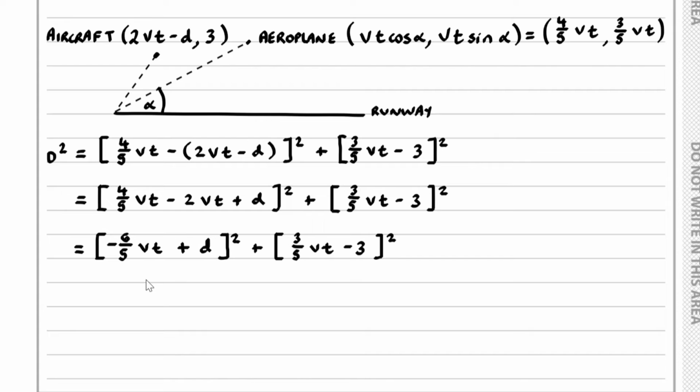And if I take out a minus 1 from this bracket and then square it, we've got minus 1 squared, and then here we would have 6/5 vt minus d squared plus 3/5 vt minus 3 squared.